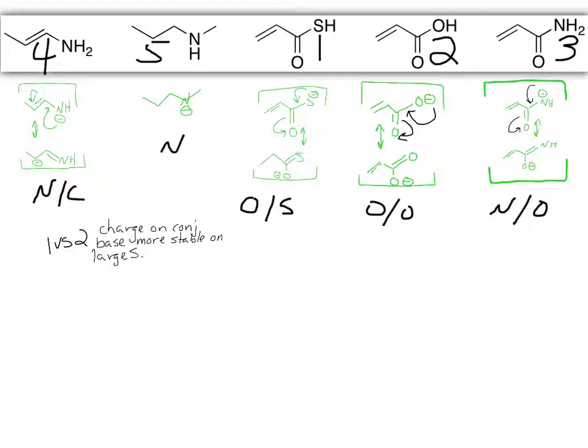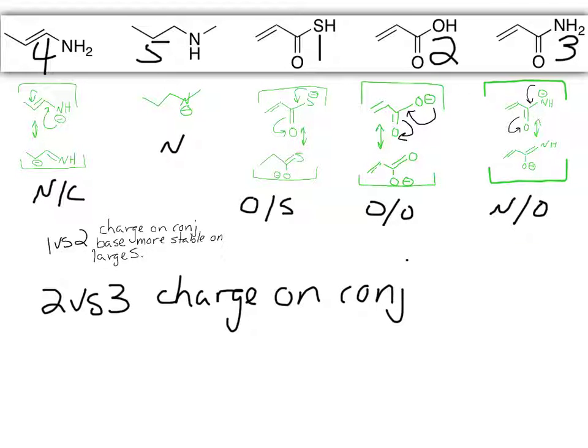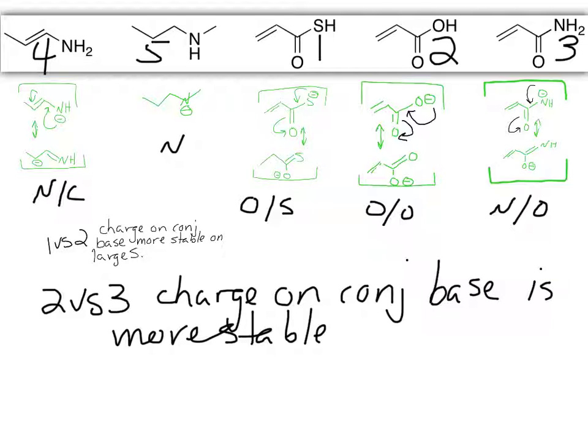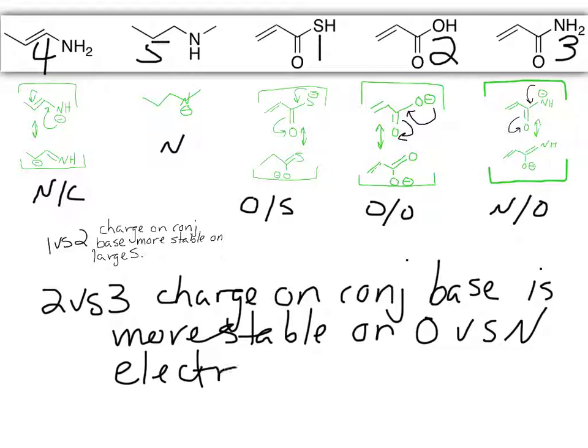So what about 2 versus 3? Well, the charge on the conjugate base is more stable on oxygen versus nitrogen. This is about electronegativity.